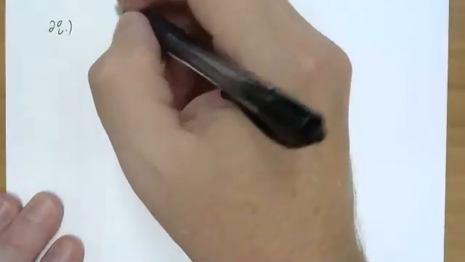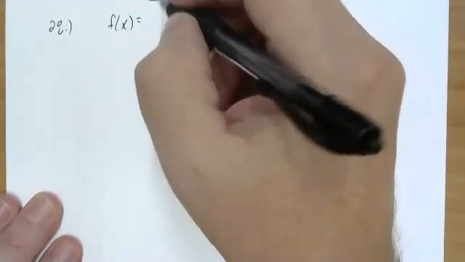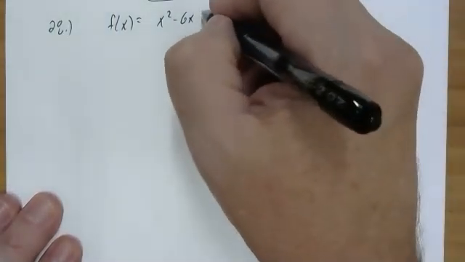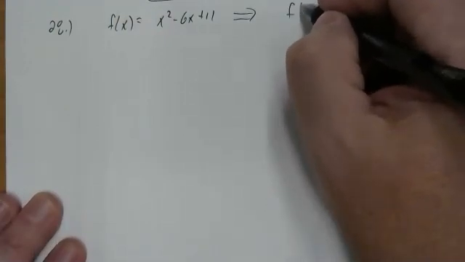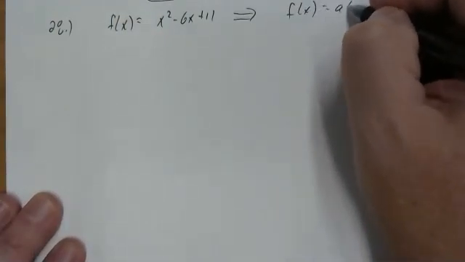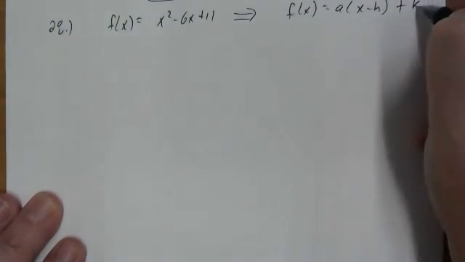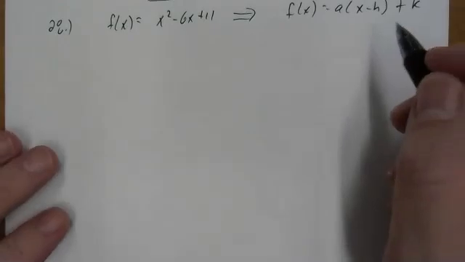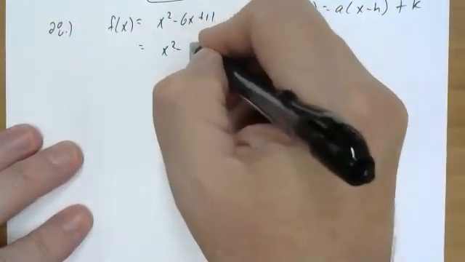So here's the equation we were given, the function x squared minus 6x plus 11. And I want it to look like that. And I need to find numbers for A and for H and for K. So the way we do it is we're going to complete the square.